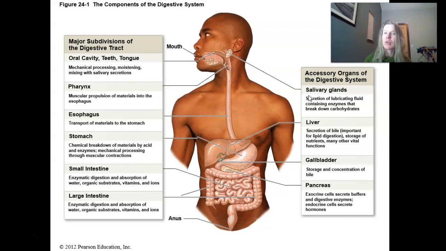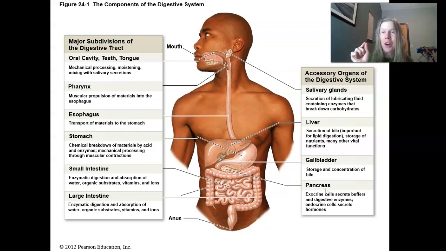Salivary glands: we have a series of salivary glands that are going to help us moisten the food so we can swallow it. I shouldn't go into details yet. The liver is going to be an accessory gland. It has so many functions in the digestive tract. That's going to be a big one in this chapter. The gallbladder, storing bile and secreting bile when it's needed, and then the pancreas.